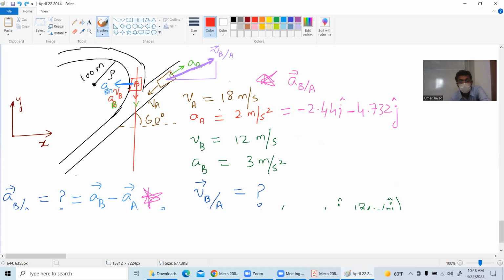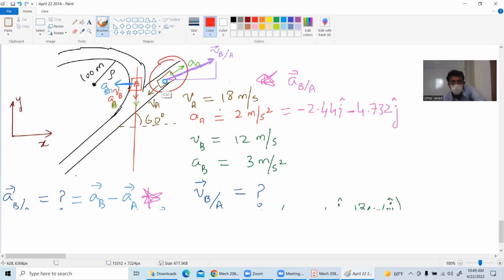There is a car here on this straight road. So we have two cars. One is A, the other is B. Both of them are driving in this direction and in this direction. You can see the accelerations. Person B has put the foot on the accelerator and the car is accelerating in this direction.